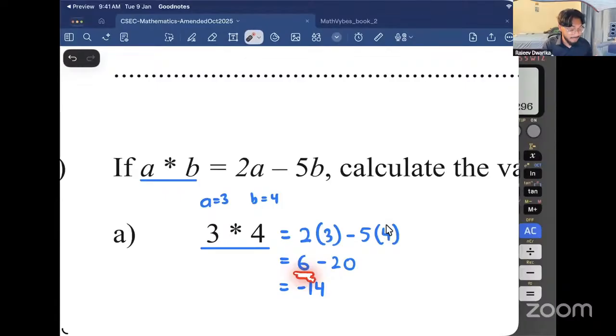How much are you still owing them? I still owe them 14. Exactly. So since you owe the bank $14, it's still negative 14. Anytime you take away the bigger number from the smaller number, the answer will automatically be a minus, because it's like you didn't pay the amount you owe. You're still owing them, so it's still negative.